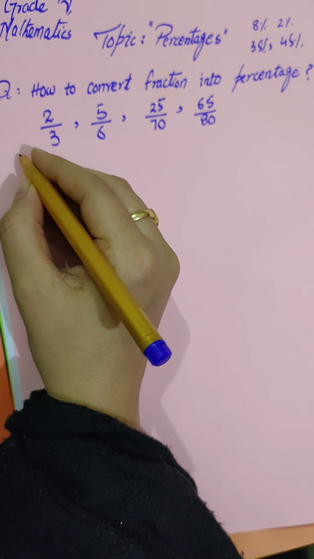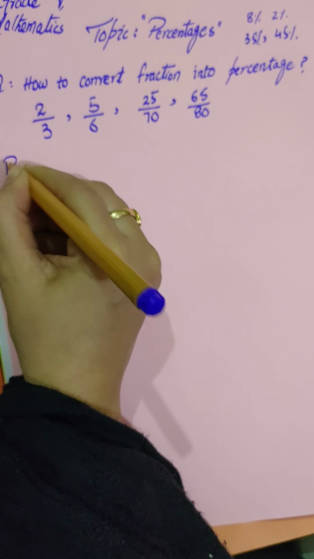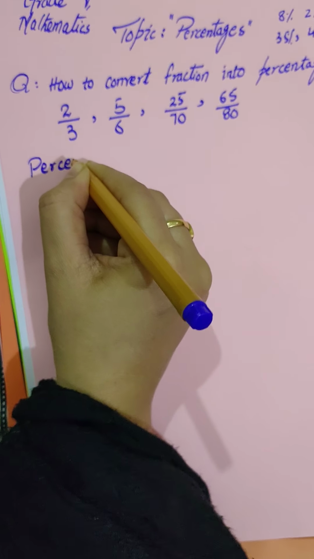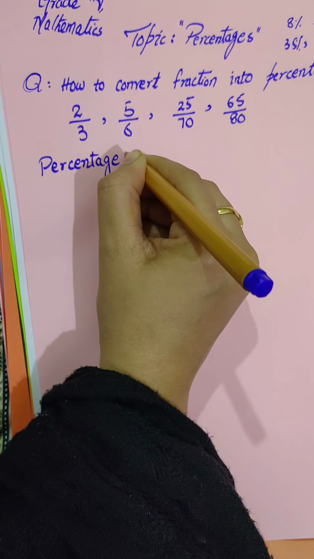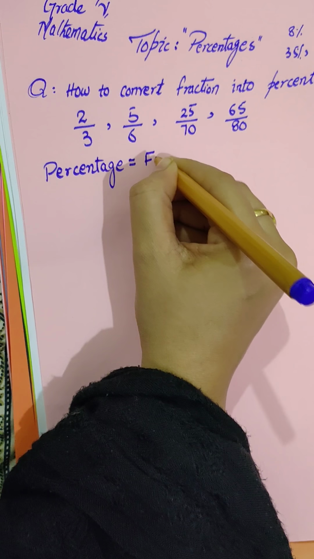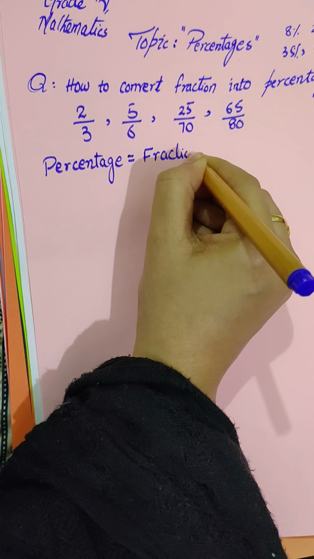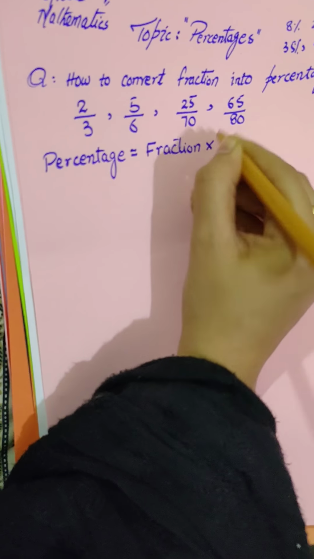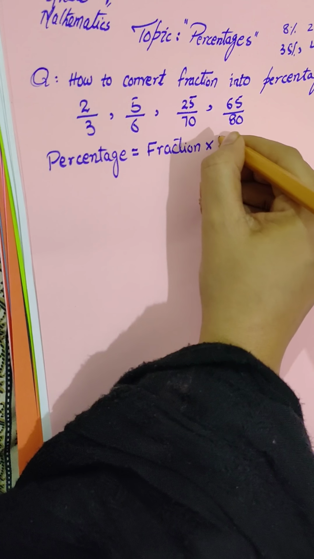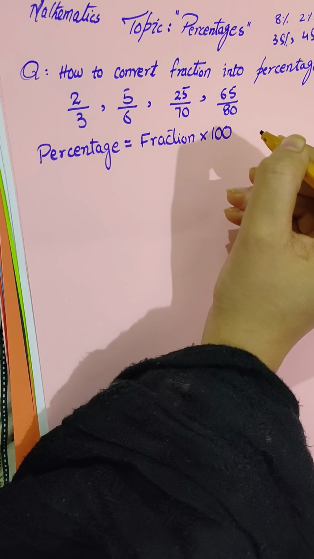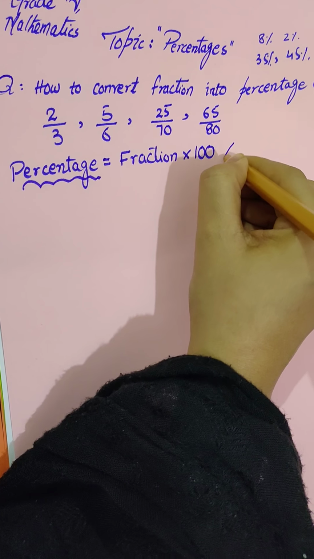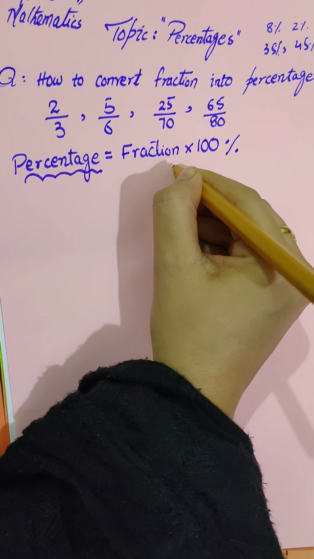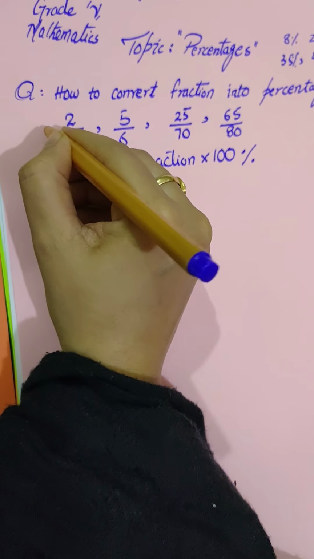To find the percentage, multiply whatever given fraction you have by 100 and you will get the percent sign. Since you are finding the percentage, you must put the percent symbol with your answer, right?